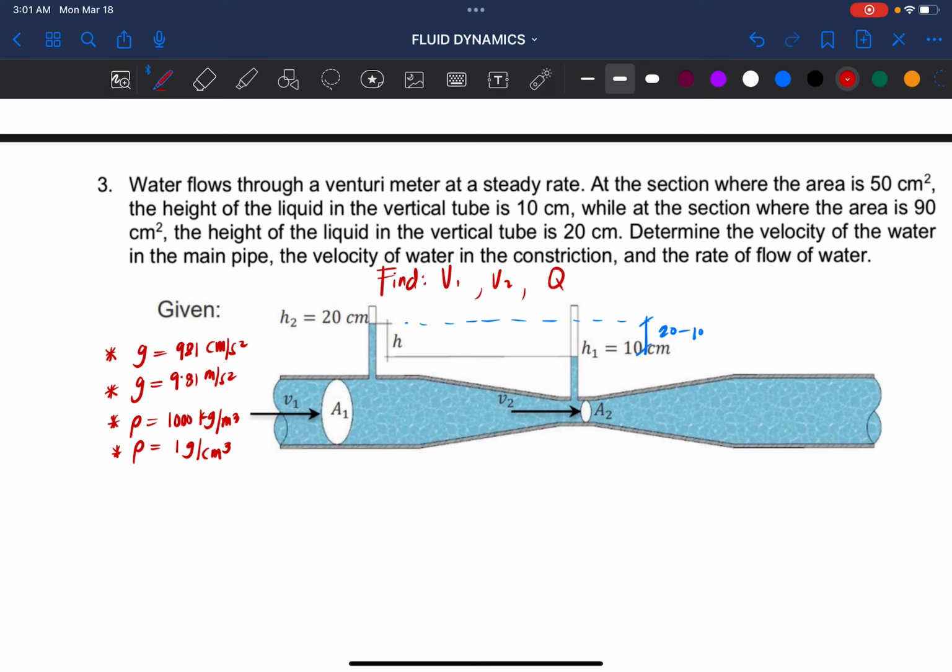And then, may mga ninotes ako dito, makikita nyo sa left side, which is yung conversion ng gravity at saka yung conversion ng density na alam nyo. Pero, gagamitin natin yung other two, kasi nakabigay sa problem nyo is uniform na centimeter.